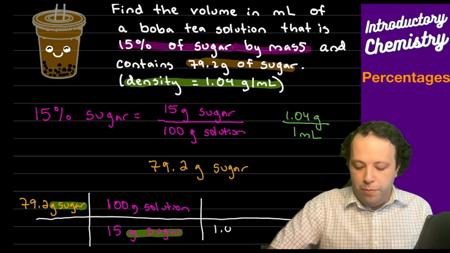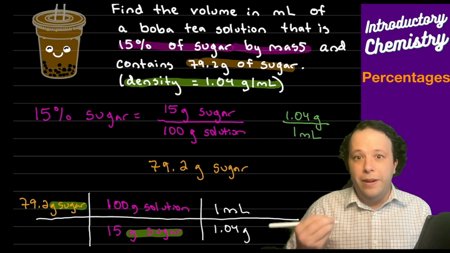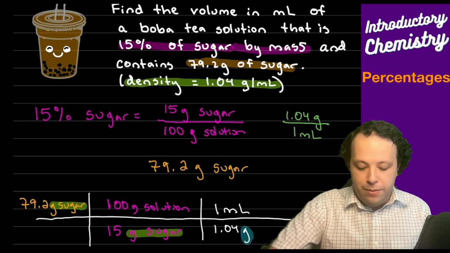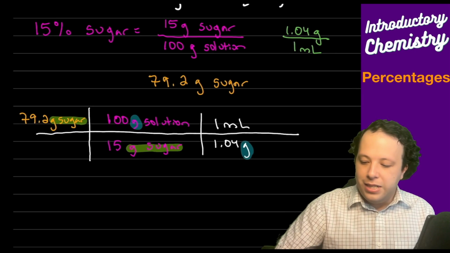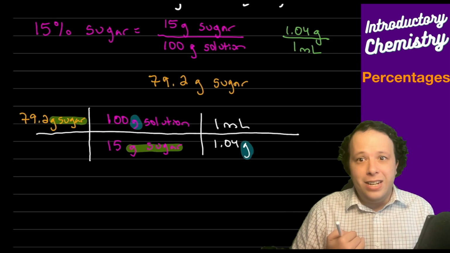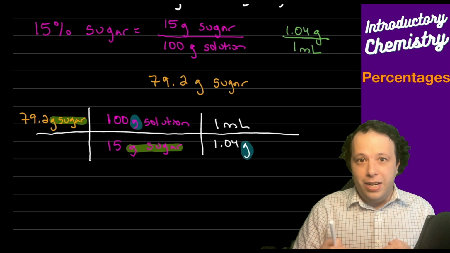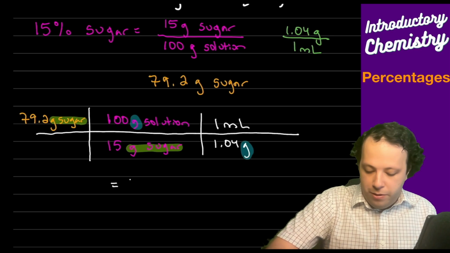We have that 1.04 grams of the solution is equivalent to 1 milliliter of that solution. So that will cancel as well. Grams cancels grams. When we go through that process, we do our last step: 79.2 multiplied by 100. Then we divide everything on the bottom.